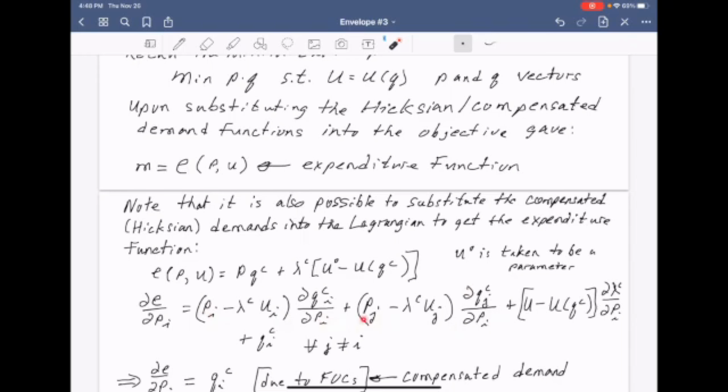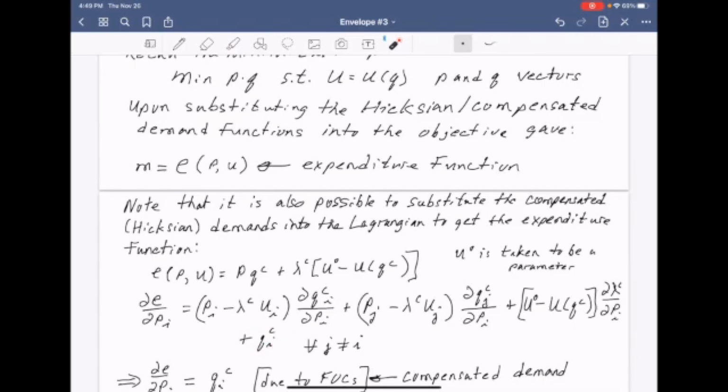If we have 10 goods, we'd have 10 expressions like this, and in each expression the partial derivative would be with respect to the same Pi. And then of course we have this result, and what I need to do there is put in the little U0. So we get this expression here, plus we have this derivative, this falls out as well.